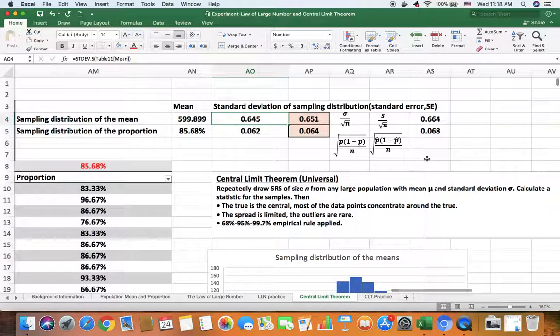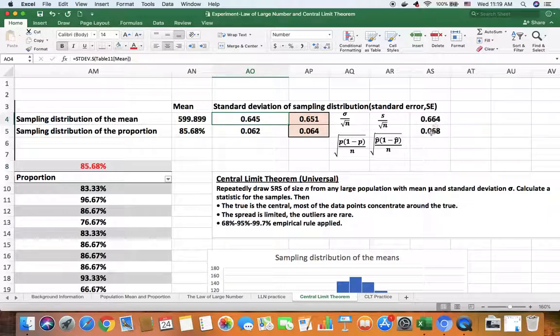If the sample size is big enough, meaning at least 30, we can use the sample standard deviation to replace the population standard deviation and use the sample proportion to replace the population proportion.